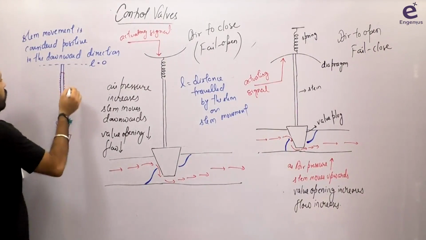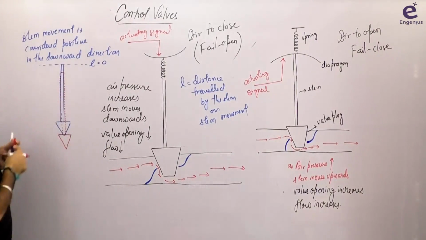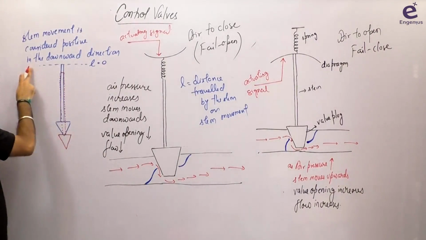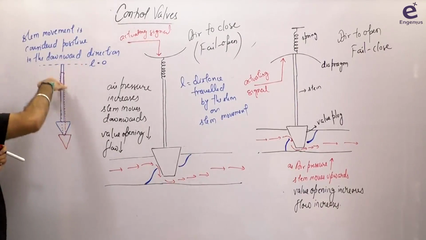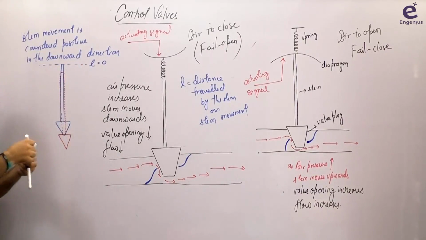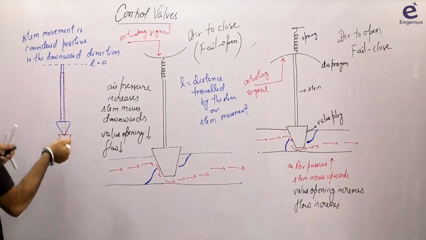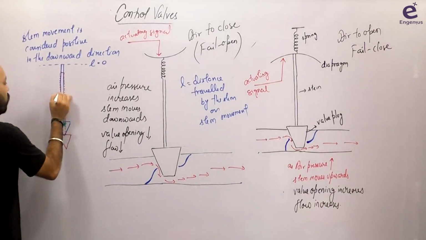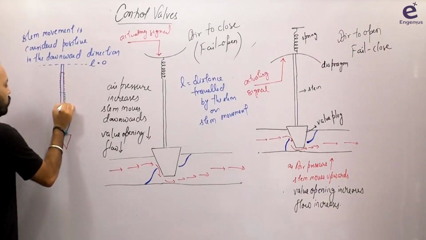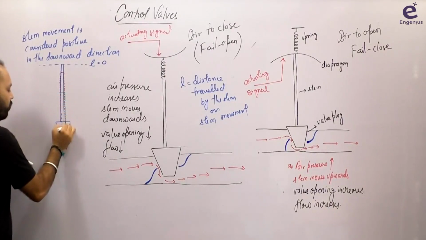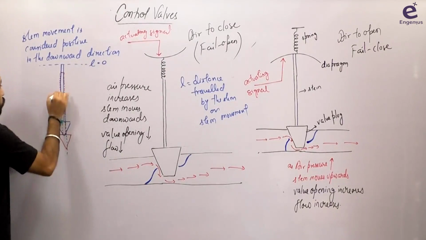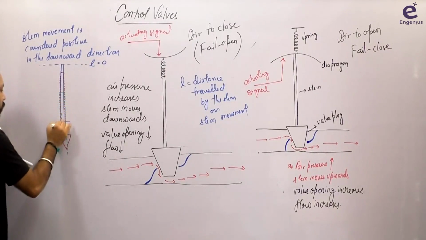At time t equal to 0, when there was no signal, the stem was present here. If there is some signal, the stem can be present here. If there is maximum signal, the stem will be present somewhere further below this. The thickness of the stem will not increase. I'm just showing you so that you can understand it better.